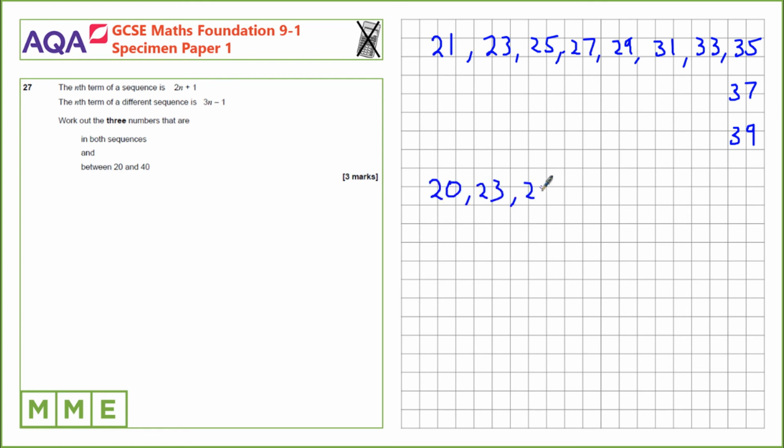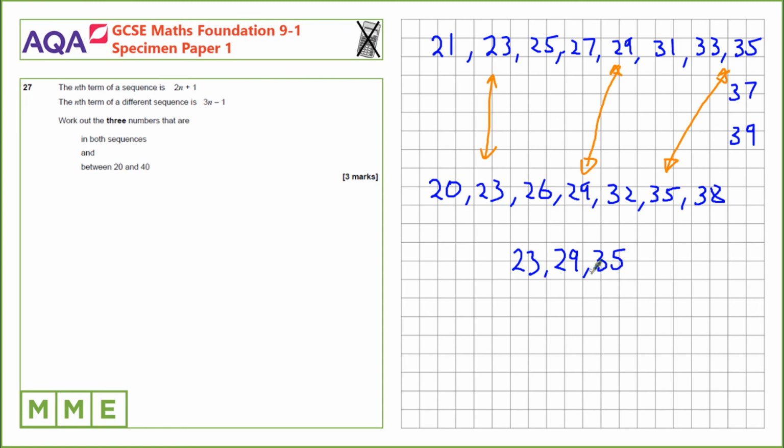So 23, 26, 29, 32, 35, 38. We just need to look at the numbers that are in both sequences here. So we have 23, we also have 29, and we also have 35. And there are three answers: 23, 29, and 35.